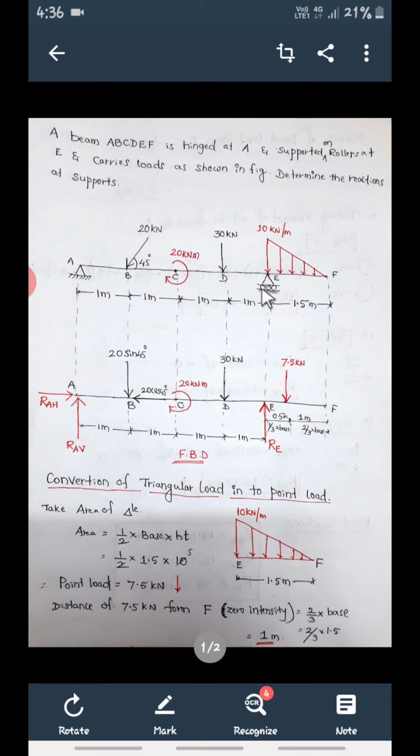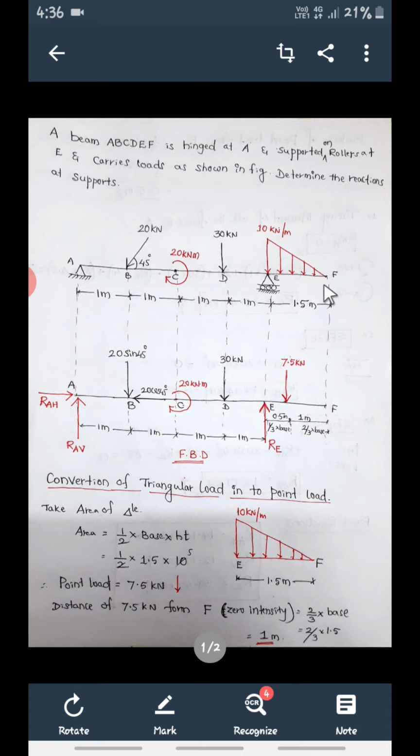One important observation you can make here is which type of beam it is. This is a hinged support and this is the roller support. Even after this support, the beam is extended. Can you see this EF? The portion EF is extended beyond this support, so this beam is called an overhanging beam.